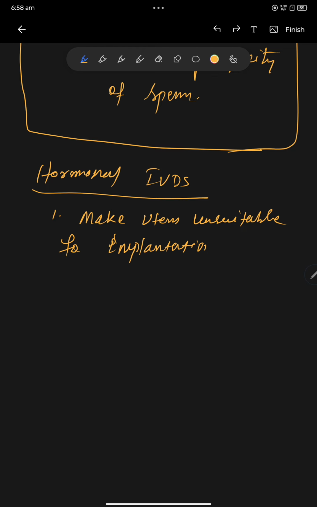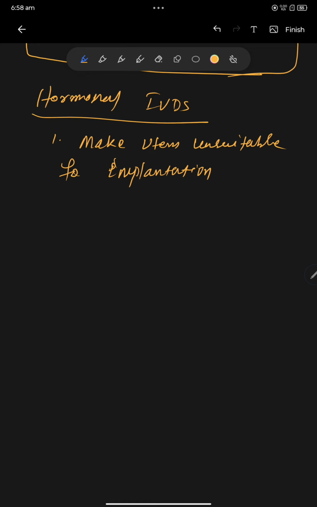So in this case, the IUD may allow fertilization, but after fertilization, the embryo cannot be implanted in the uterus.